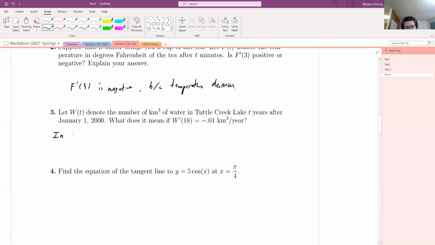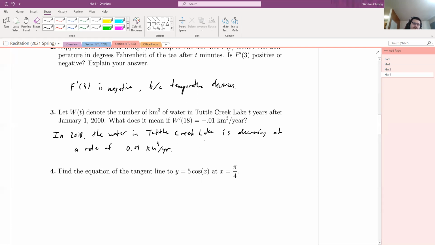in 2018, the water in, and then I had to specify exactly where since it's given to me, Tuttle Creek Lake is decreasing at a rate of 0.01 cubic kilometers per year, right?